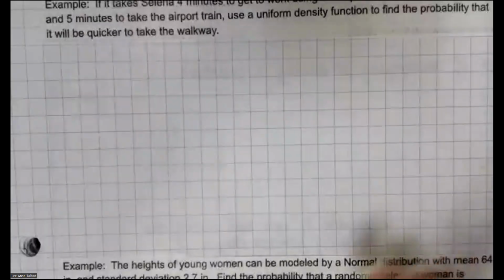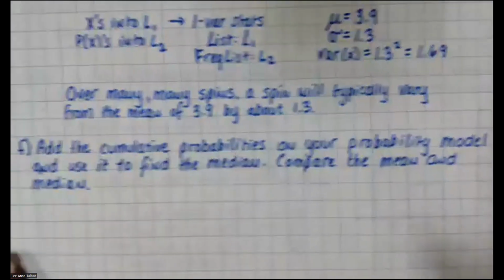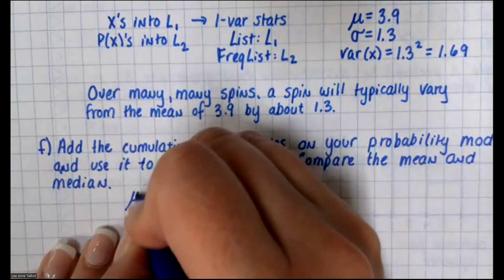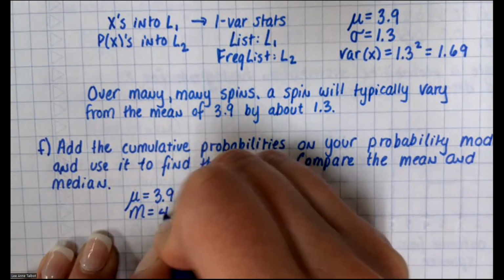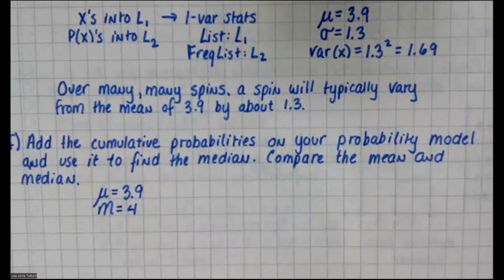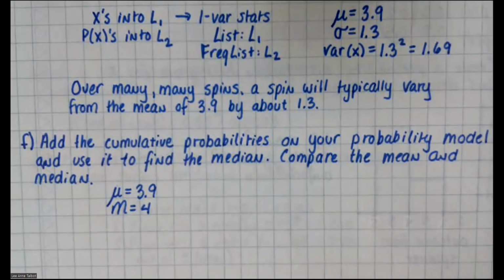Anyway, so the mean was 3.9 and the median was 4. Okay, what does that mean in terms of the shape?